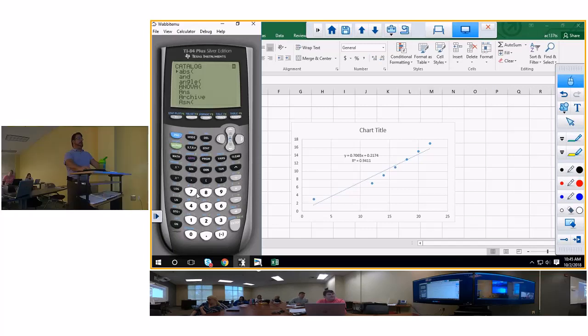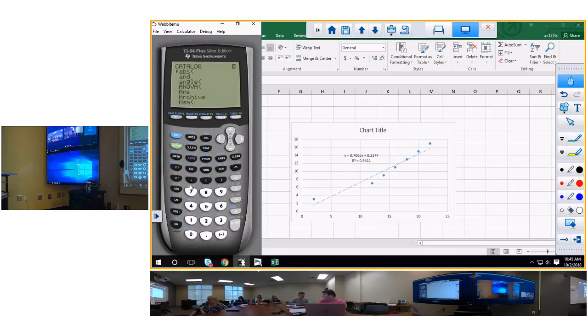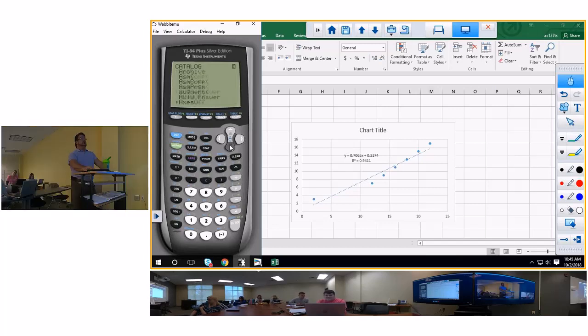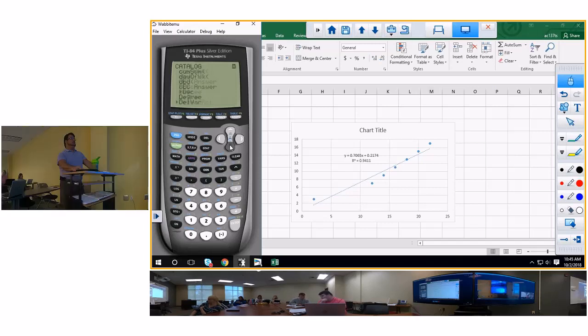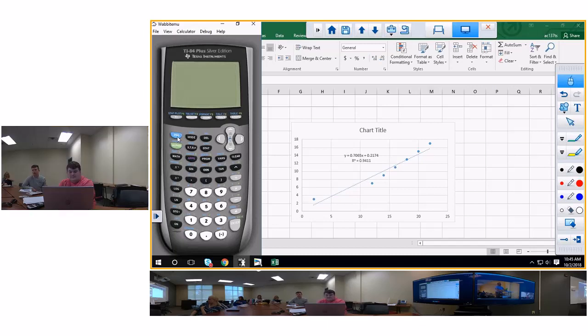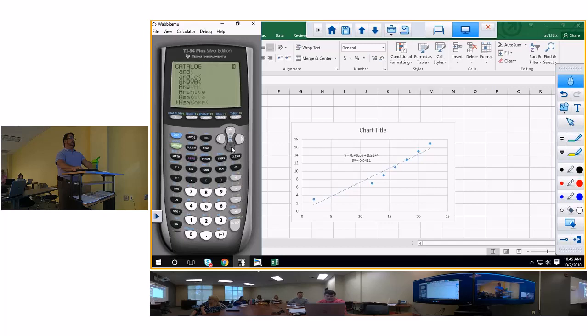Go down to diagnostic, which starts with a D. Make sure diagnostic is on, and hit enter and enter. You have to put in the coordinates. I'm just telling you how to turn it on. And that should give you the R factor.